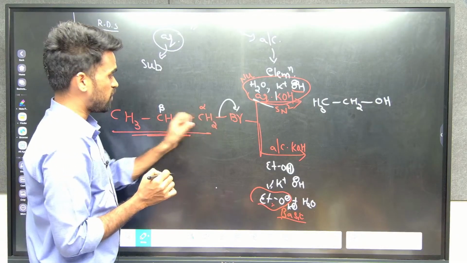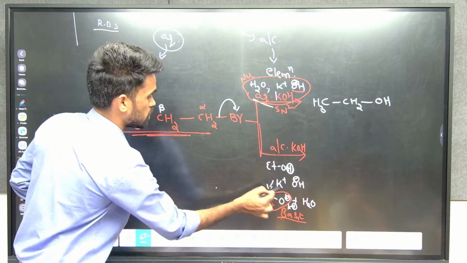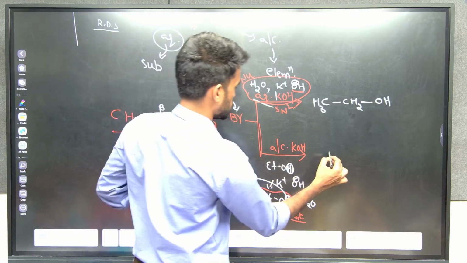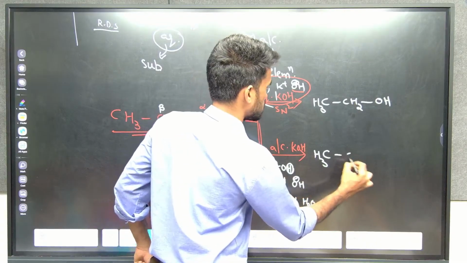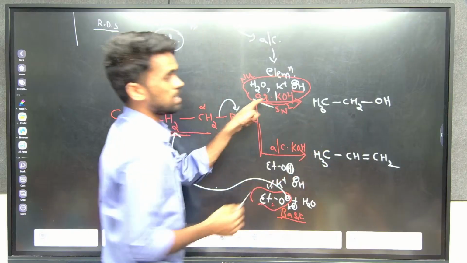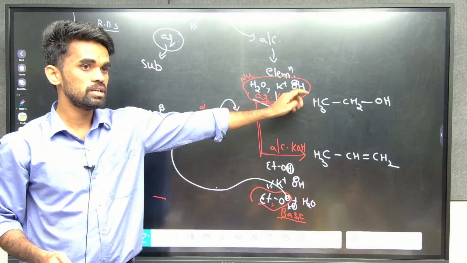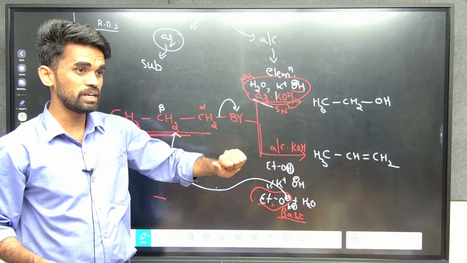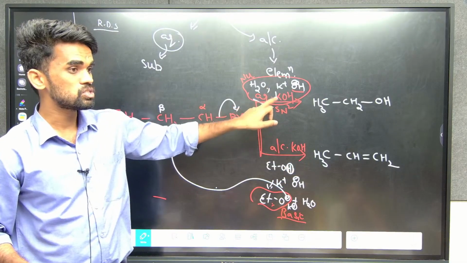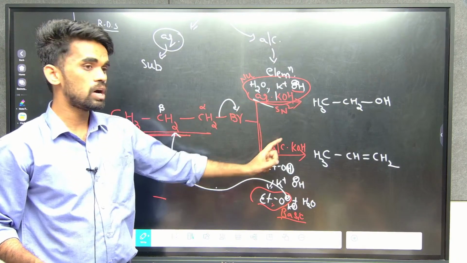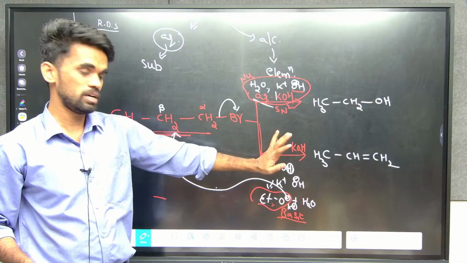So in alpha-beta elimination, from the beta position it will abstract a proton and the halogen comes out, giving CH3CH=CH2. So what is happening in the first reaction? Substitution. In the second reaction? How to identify? Look at the solvents. Aqueous KOH means substitution. Alcoholic KOH means elimination. Remember this.